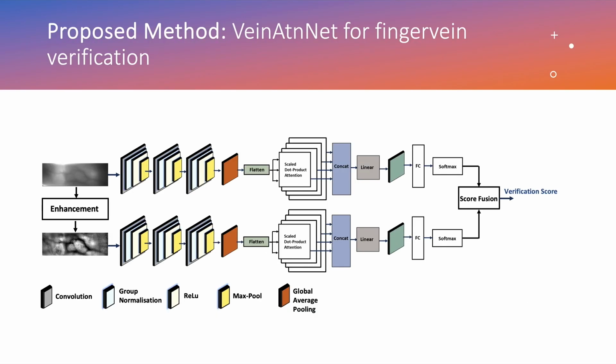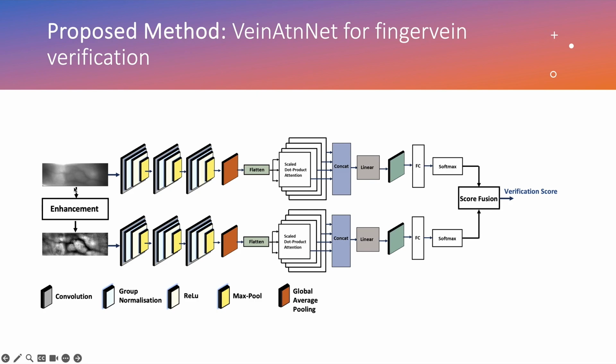This is the representation of our proposed method. The proposed method is based on both the normal finger vein image and the enhanced finger vein image. Both of these images are passed in parallel through the proposed network, which has three sets of convolution layers followed by the self-attention block, and then the fully connected layer and softmax to obtain the scores.